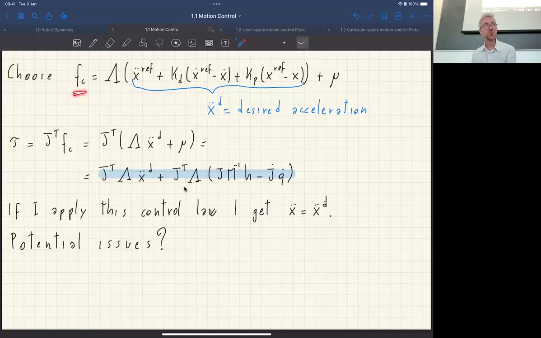So I'm going to choose my new control input, FC, in the following way. The operational space mass matrix lambda times the reference acceleration plus PD feedback terms plus the nonlinear effects mu in operational space. That's exactly the same thing that we did when we were doing inverse dynamics control in joint space. So there's no new information here.